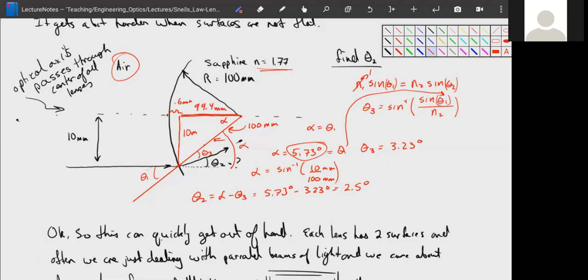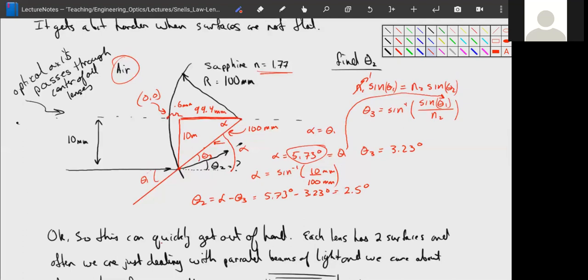So after it hits the lens, this ray is going to start at a point relative to the lens center. Let's call this 0, 0. Relative to the lens center, this ray starts at 0.6 comma 10.0 millimeters, and it's traveling at an angle of 2.5 degrees relative to the horizontal, which is pretty cool.